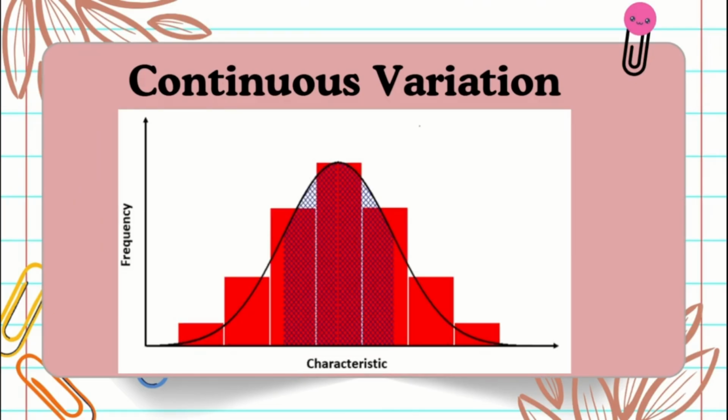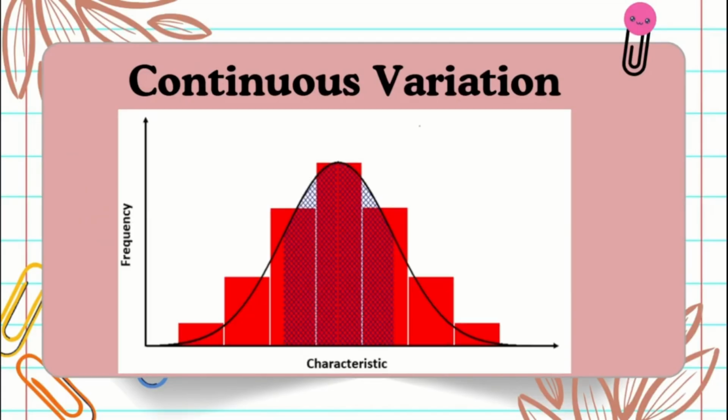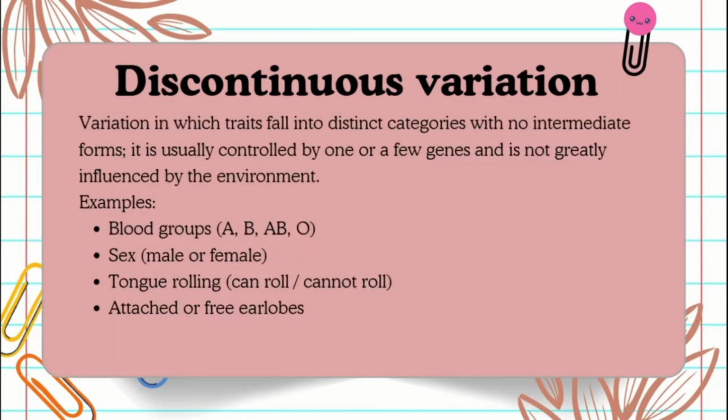If you look at this little chart, it's showing the gradual change. You can see that it starts off low, then goes up, then down again. The prime example of this would be human height. So it's basically a gradual change with no clear-cut categories.